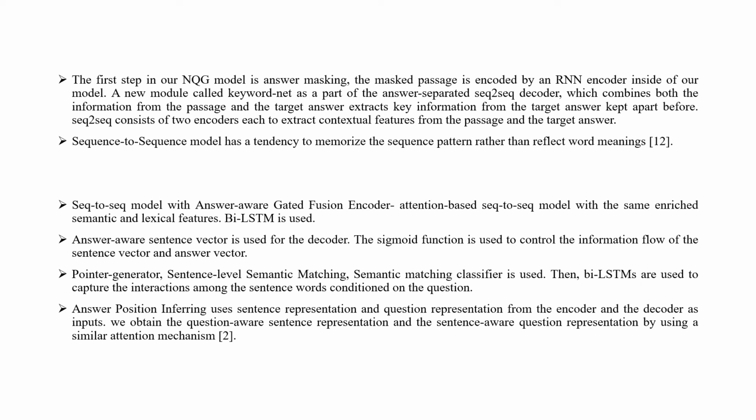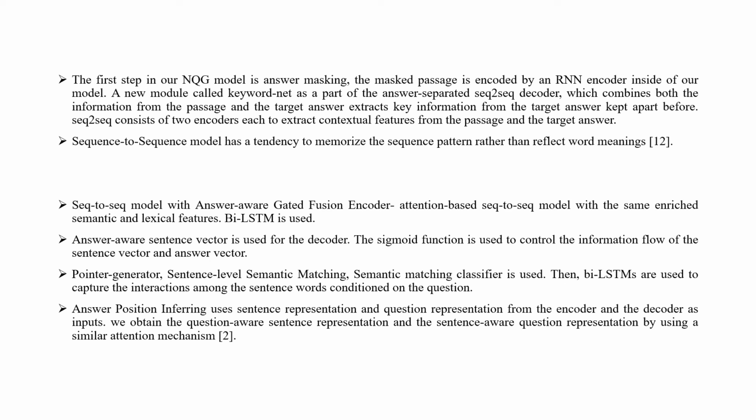So an answer-aware sentence vector is used for the decoder. A sigmoid function is also used here for controlling the information flow of the sentence vector and answer vector. Sentence-level semantic matching modules can be used. A semantic matching classifier is again used.